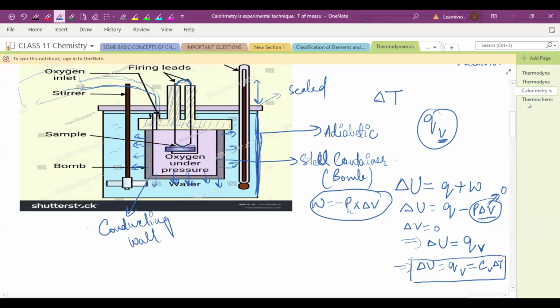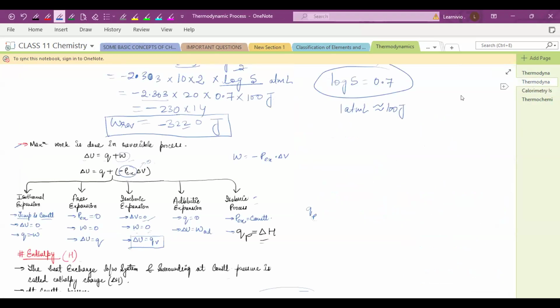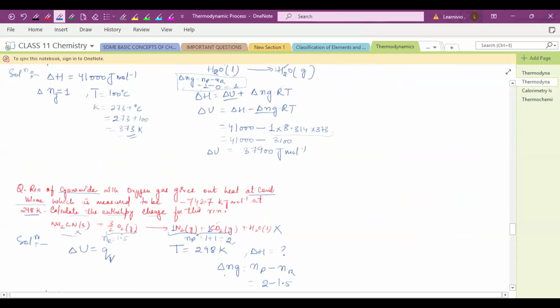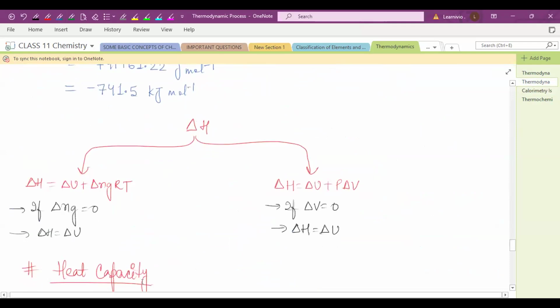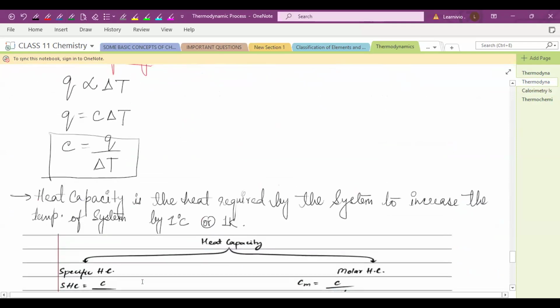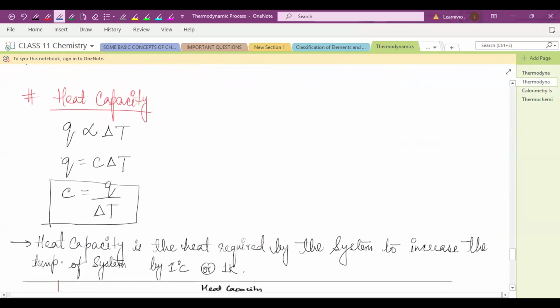We saw yesterday, at the last, this was the formula of heat capacity: Q is equal to C delta T. So from here you can write QV is equal to CV into delta T. And your heat at constant volume is equal to the change in internal energy.